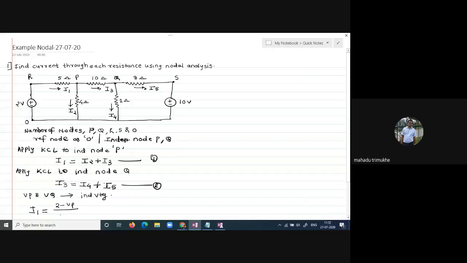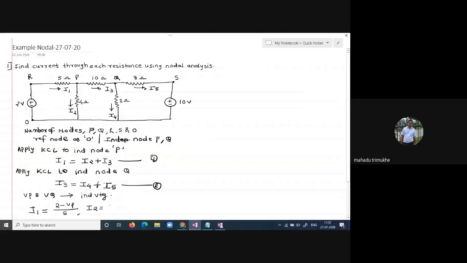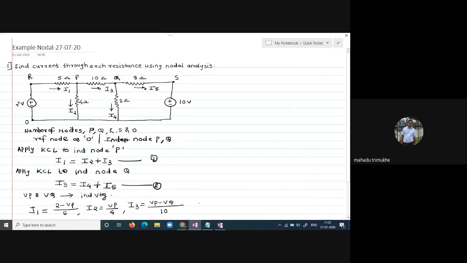Then I2 is equal to Vp by 4. Then I3 is (Vp minus Vq) divided by 10. Then what is I4?